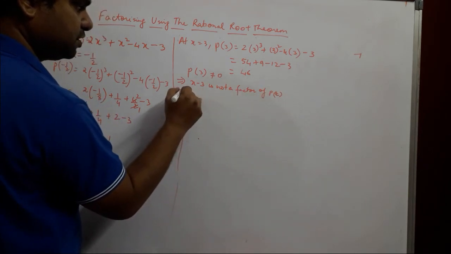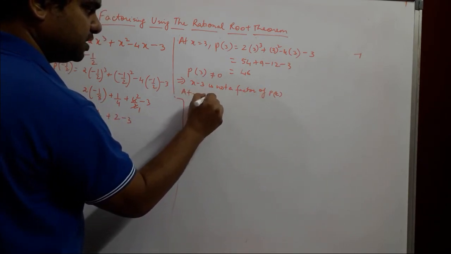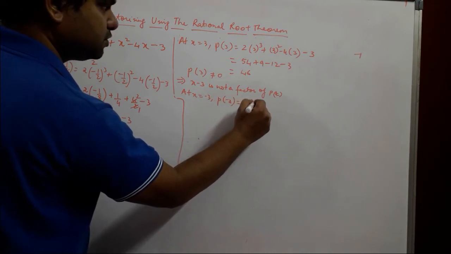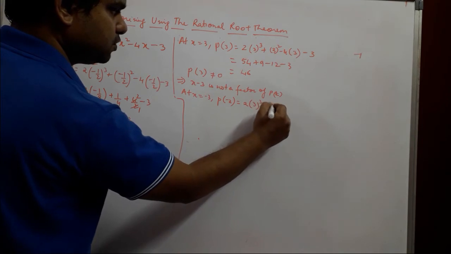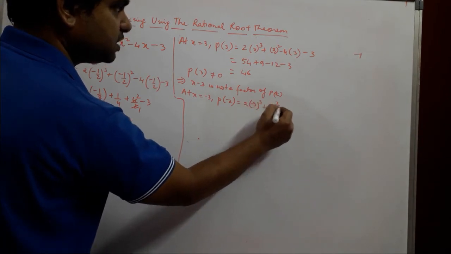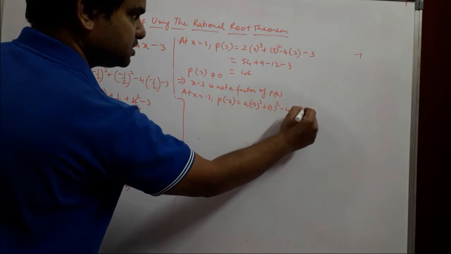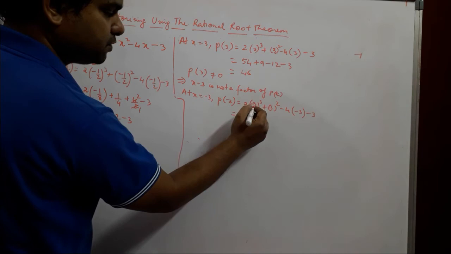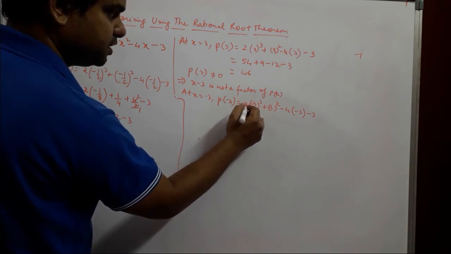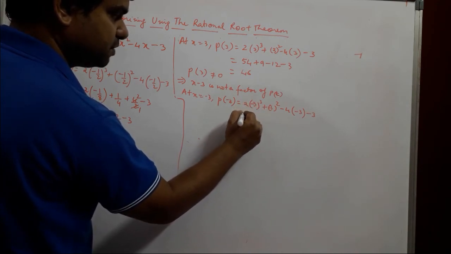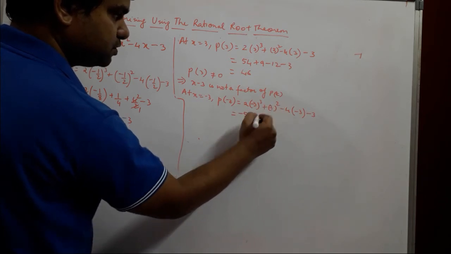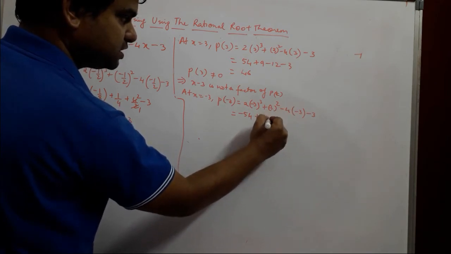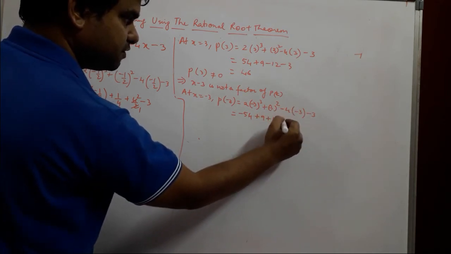Let's check for x equal to minus 3. So P of minus 3 equal to 2 into minus 3 whole cube plus minus 3 whole square, minus signs are there inside, minus 4 into minus 3 minus 3. Minus 3 whole cube gives you minus 27. Minus 27 into positive 2 gives us minus 54. Minus 3 whole square gives us positive 9. Minus 4 into minus 3 gives us positive 12, and we left it minus 3.